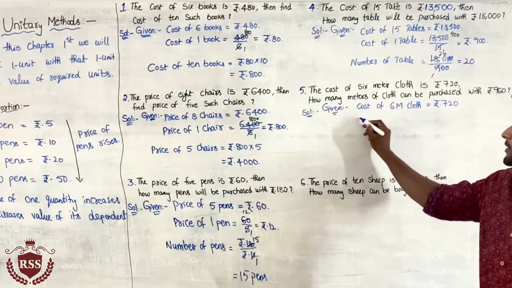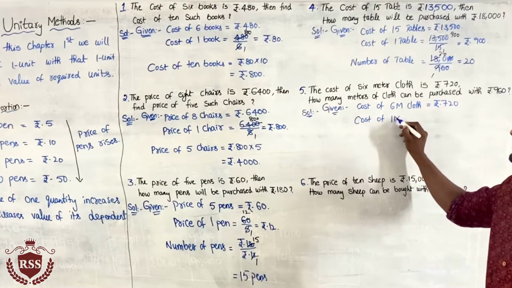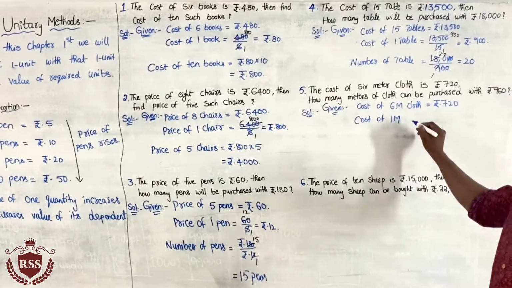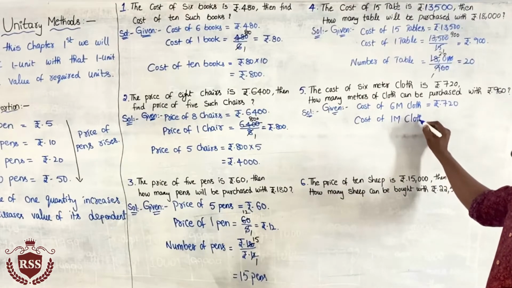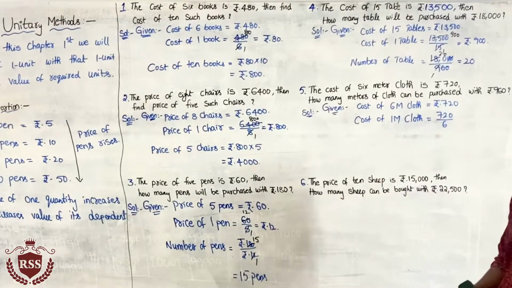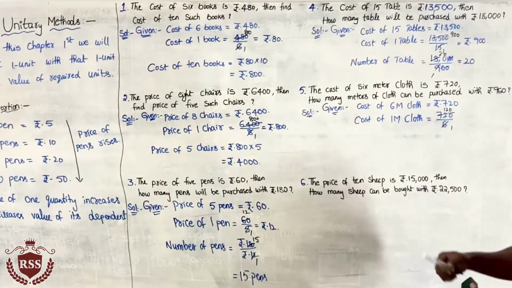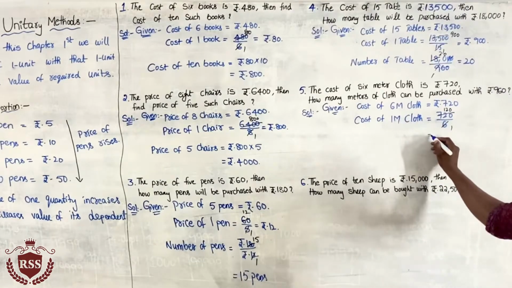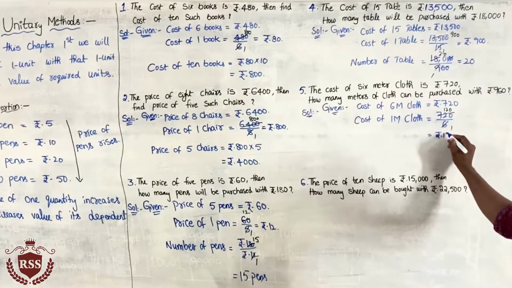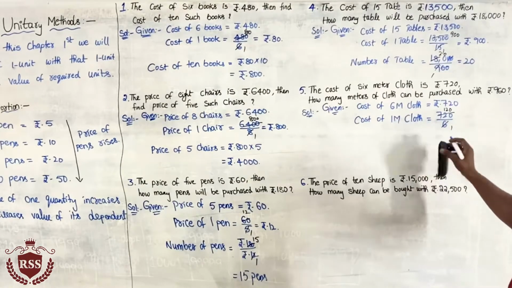So first of all we need to find the cost of 1 meter. The cost of 1 meter of cloth will be 720 by 6. 6 ones are 6, 6 twos are 12. So each meter costs rupees 120.